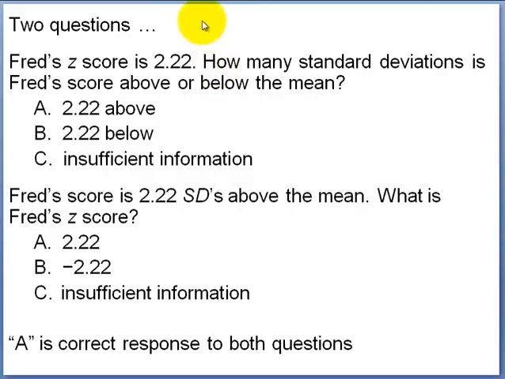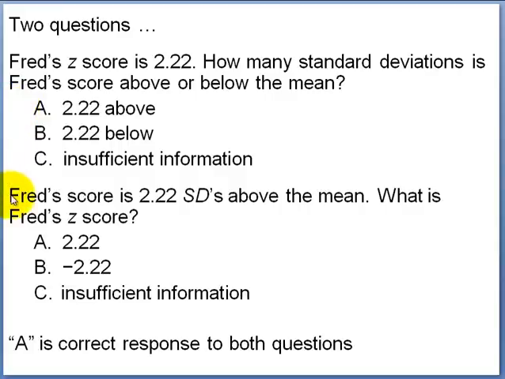Here are two final questions for you, and they're just reiterating again the definition of a z-score. The first question asks, Fred's z-score is 2.22. How many standard deviations is Fred's score above or below the mean? And the correct answer is A, 2.22 standard deviations above the mean.